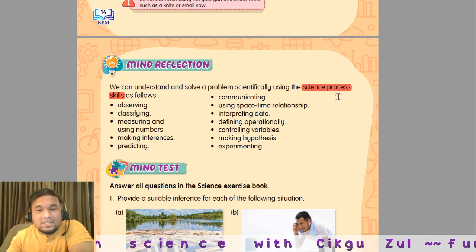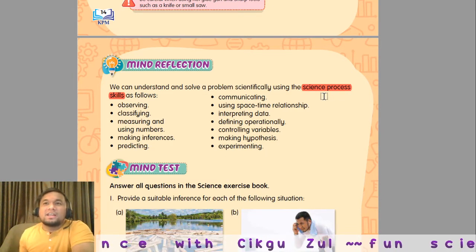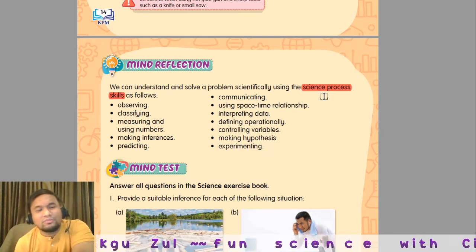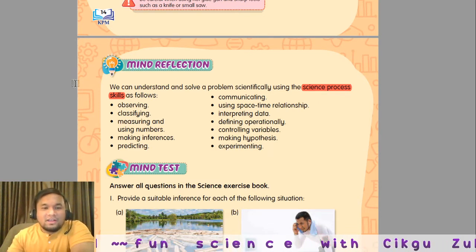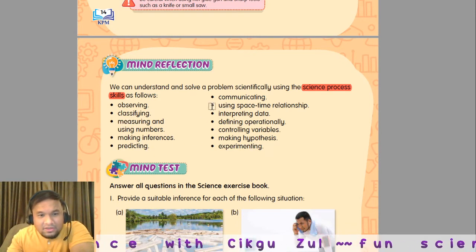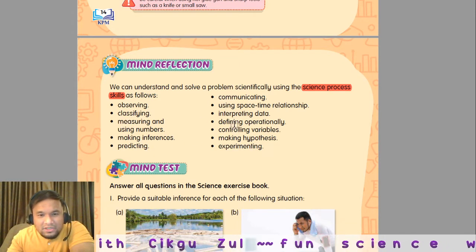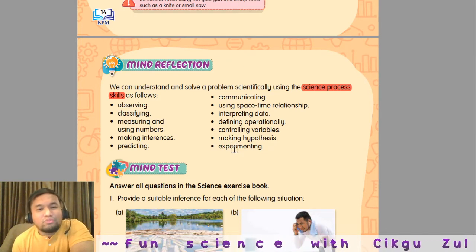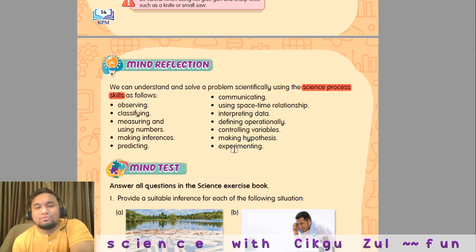Science process skills. Ada lagi yang tertanya-tanya, nak kena buat berapa bubble? Kalau untuk buat bubble tu, ni 1, 2, 3, 4, 5, 6, 7, 8, 9, 10, 11, 12. Sebab itu dia perlu buat dalam buku panjang kamu tu.